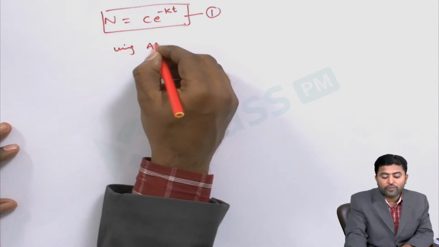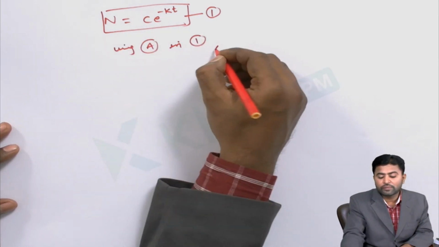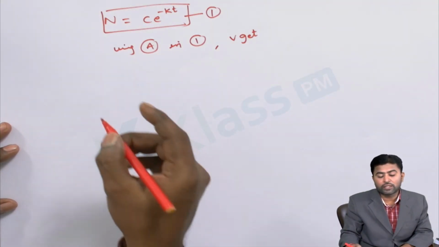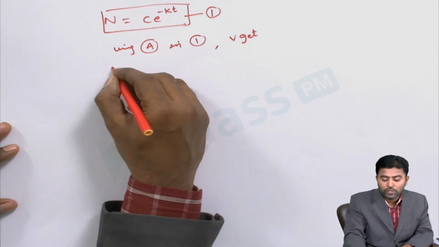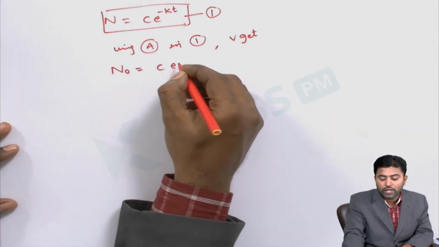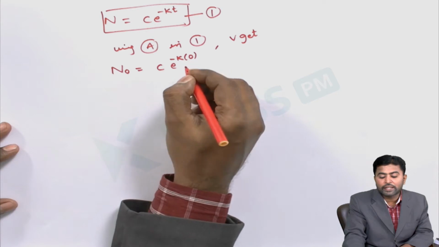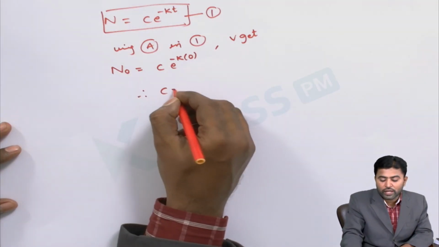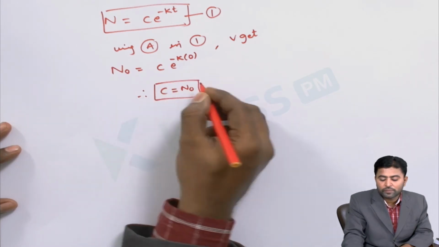Using equation A in 1, we get n is n0 at time t equal to 0. So n0 is equal to c into e power minus k into 0, and we know that e power 0 is 1. So we get c is equal to n0.